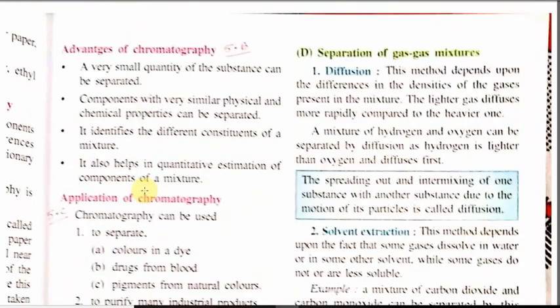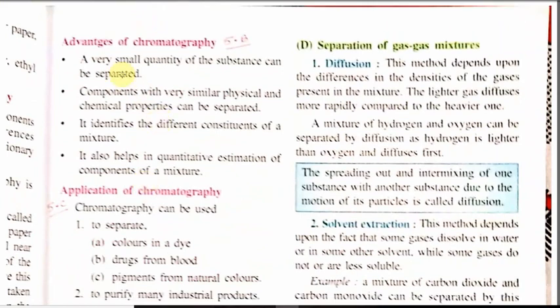We can also see the advantages of chromatography. First advantage, a very small quantity of substance can be separated. Components with very similar physical and chemical properties can be separated. It identifies different constituents of a mixture, and also allows quantitative estimation of components of a mixture.